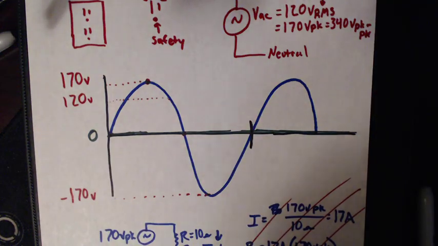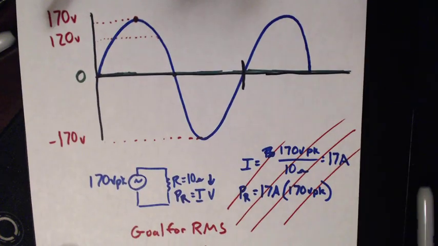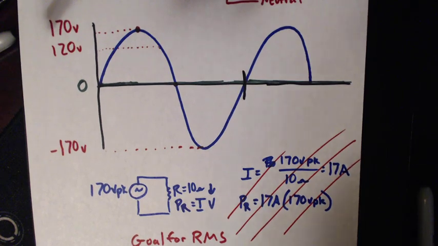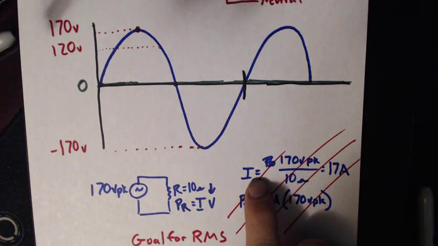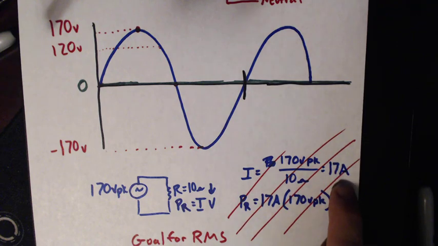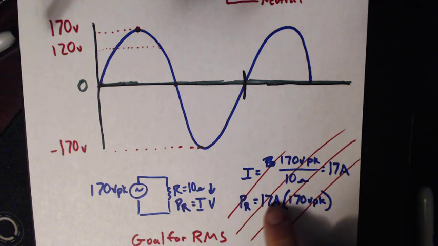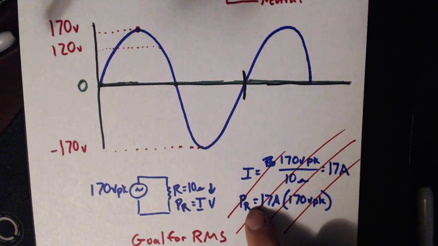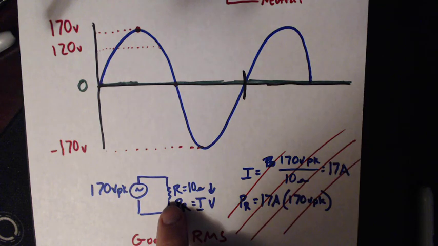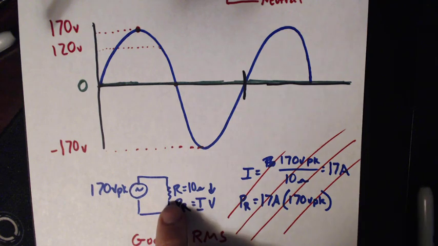Okay, so we can't just average the voltage and expect to get a correct value. Because if I put 0 in here for our voltage, we would get 0 for our current. And that's just not true. Same thing, once we plug that back in here, we get 0 power being dissipated. Now, I know for a fact if I plug a resistor, a light bulb, a load, anything into my wall outlet, I'm going to get some power dissipated from it.